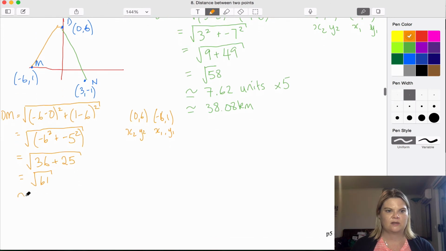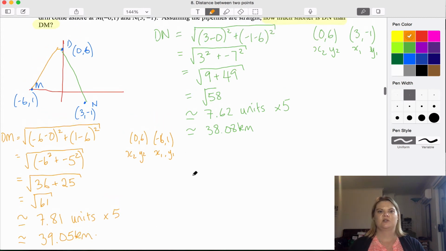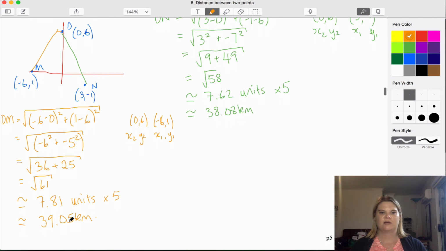Into your calculator, that is approximately 7.81 units. We need to multiply that by 5 again to get the distance, 39.05 kilometres.